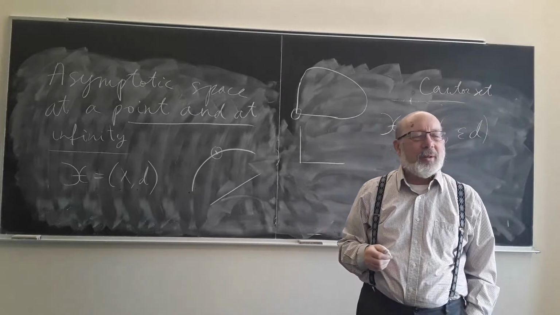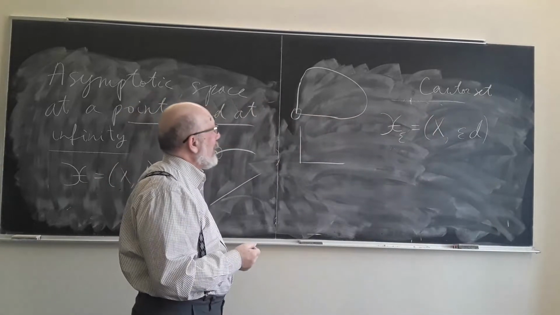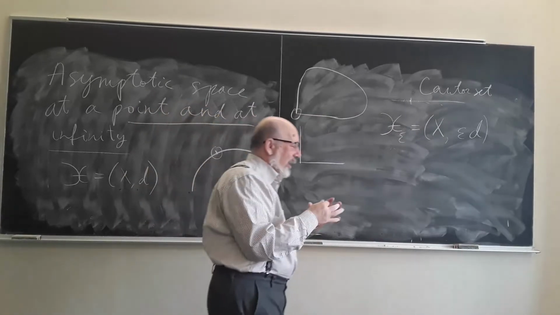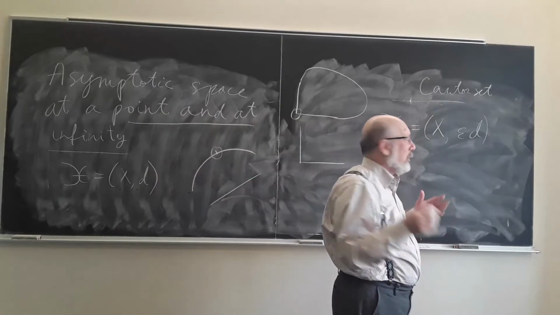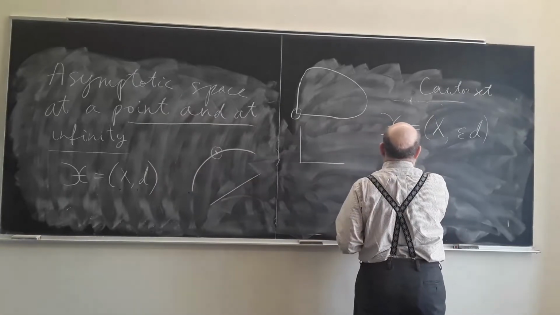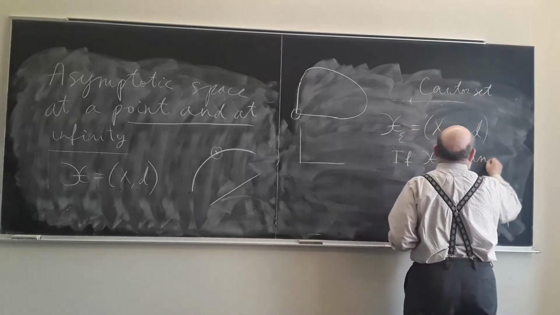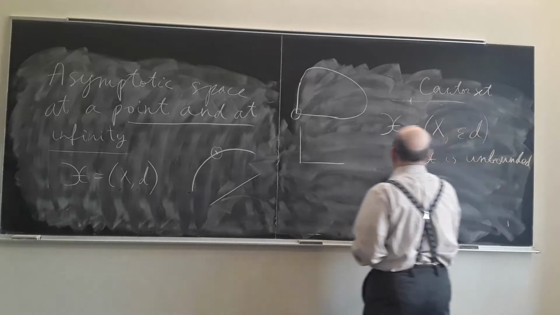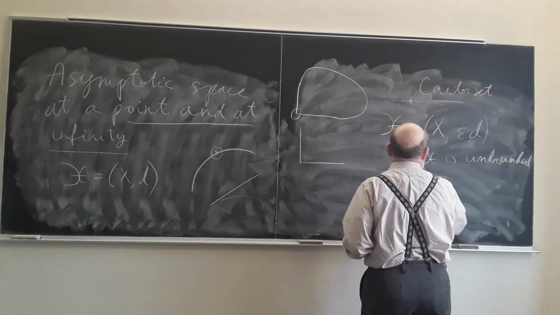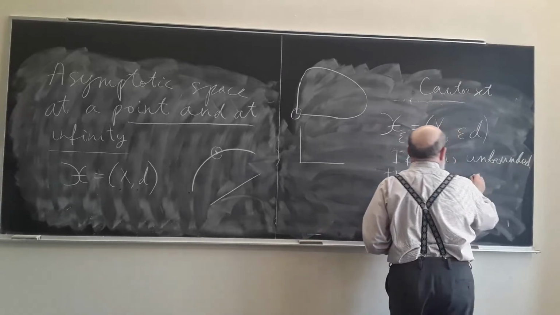For now epsilon is a small positive standard number. So if X is unbounded, then X epsilon is unbounded.